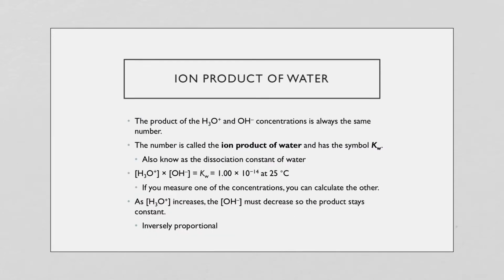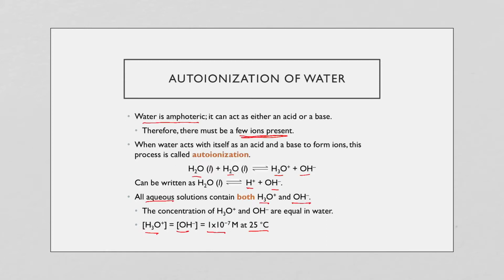Now, if we were to write out the equilibrium of this reaction, in either form, the equilibrium constant would be hydronium times hydroxide, or H plus times hydroxide, and that's it, because the reactants are all pure liquids.